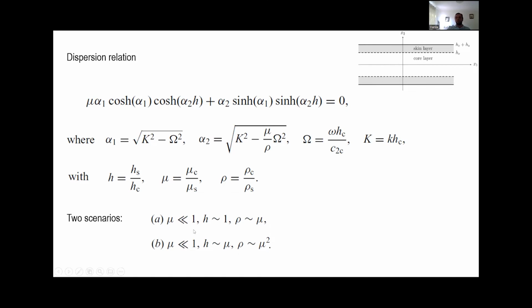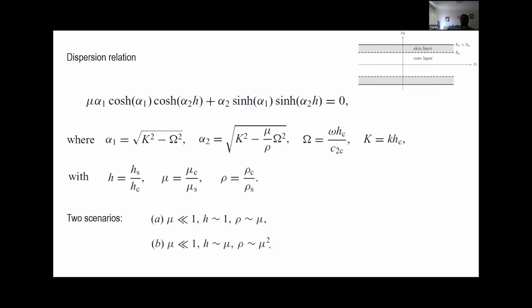So mu is our small parameter, and basically we want, as we will see later, for this global low frequency effect, which corresponds to the setup when the cutoff frequency will be small, a double strong inequality to hold. That would be mu much less than h and much less than rho to the power -1. These two types of scenarios definitely satisfy it.